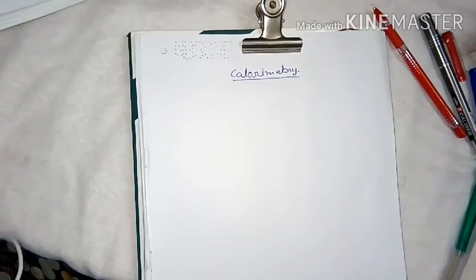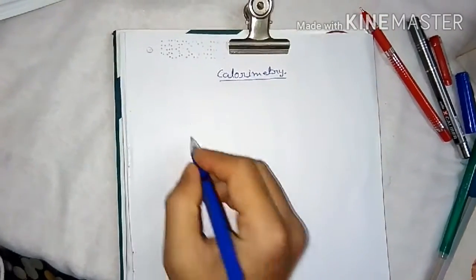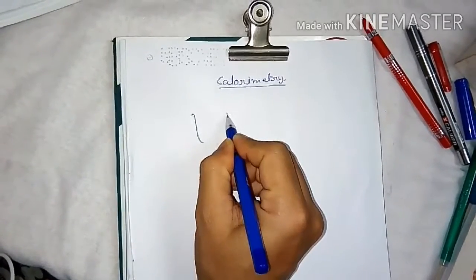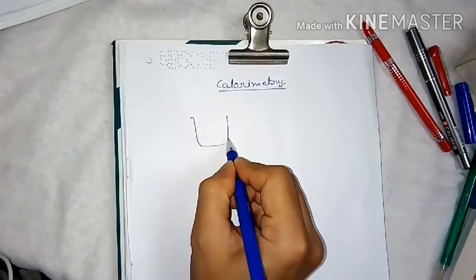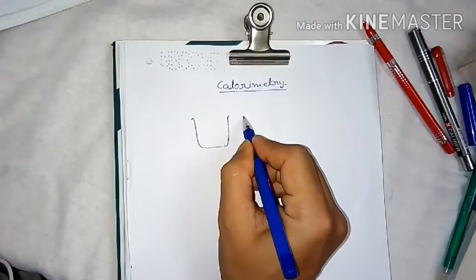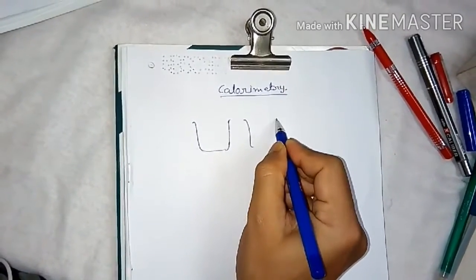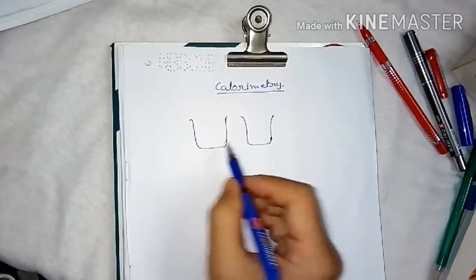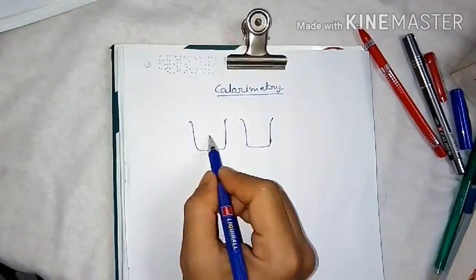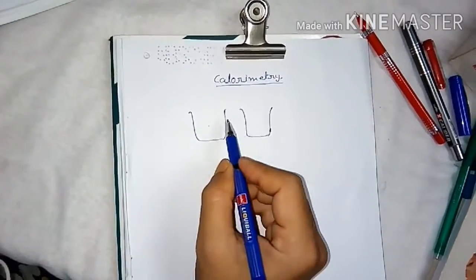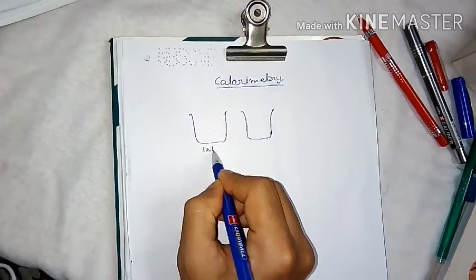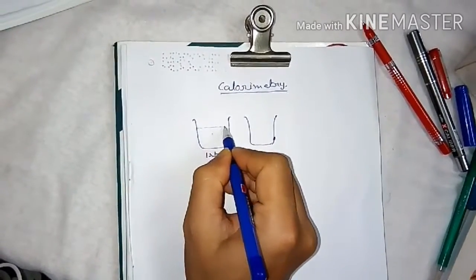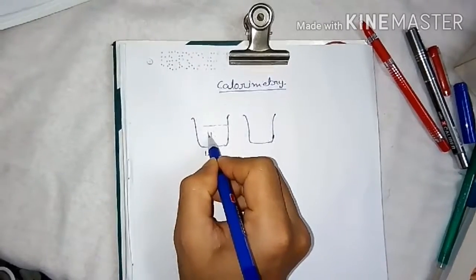Suppose you have two containers like this and both are identical. The first one is filled with 1 kg of water.